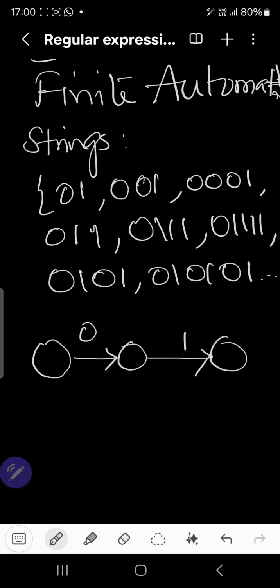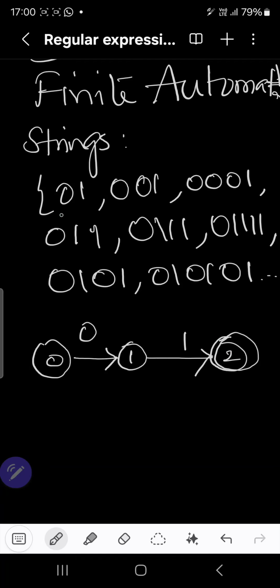If we get to this state, we'll number the states, state 0, state 1, state 2. And when we reach state 2, that is all. We don't have any more inputs. So this can be taken as the final state with double circles.